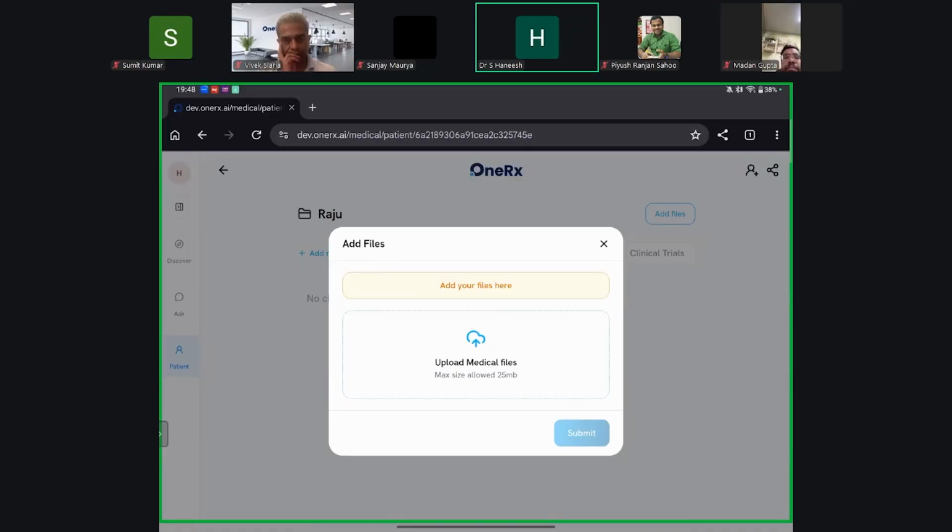After uploading the files, if we submit, it will give an evidence-based AI summary. Based on this AI summary, we can ask further questions like what is the first-line recommended regimen for this cancer, or what is the diagnostic approach, or any monitoring sections, as per need.